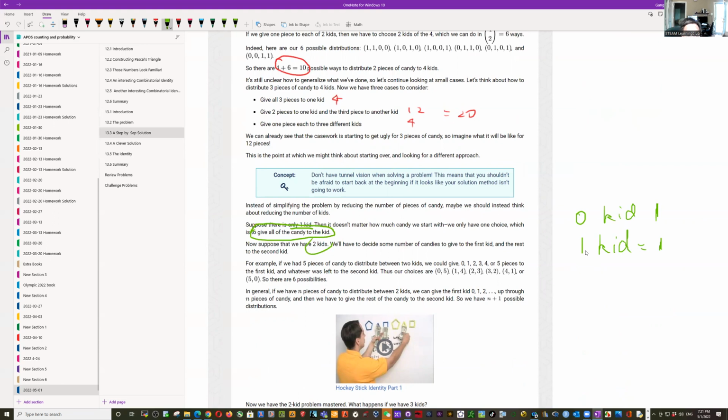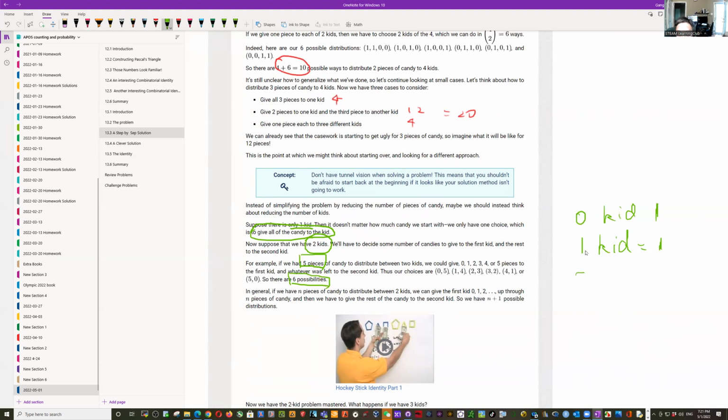If you have two kids, for example, if you have 5 pieces of candy between two kids, it's just 6 possibilities.